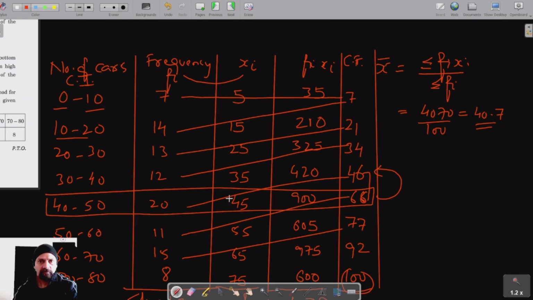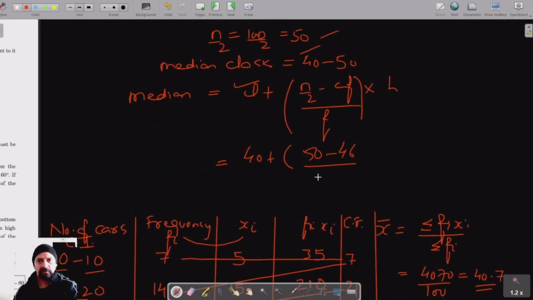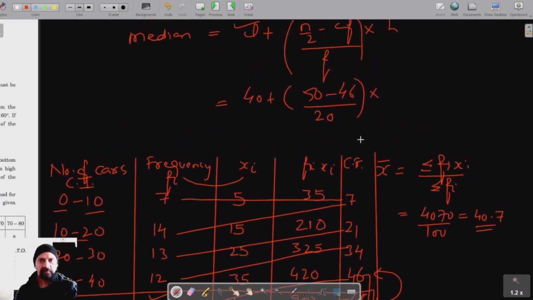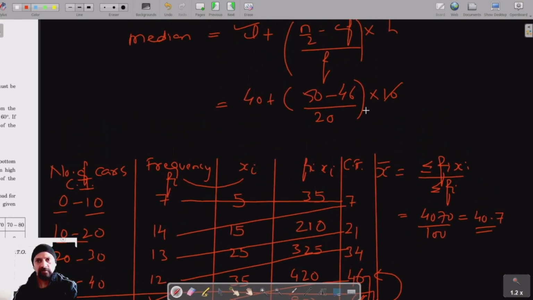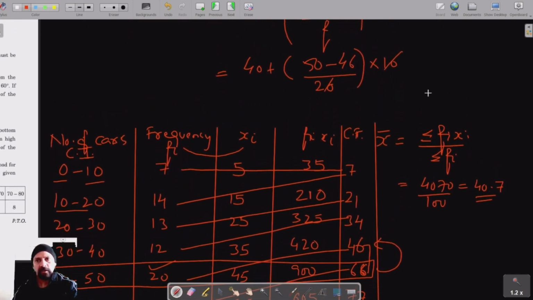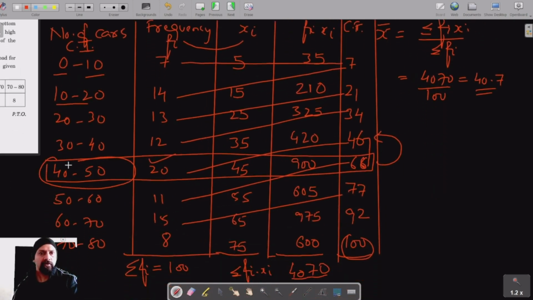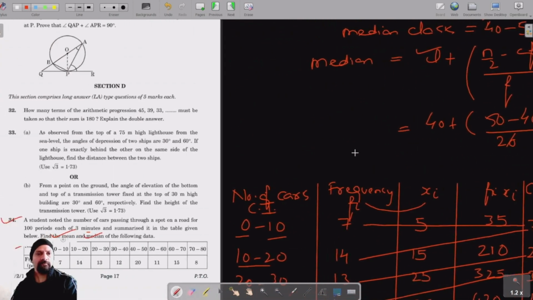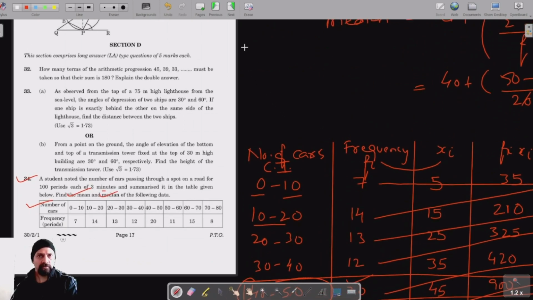Frequency is the frequency of the median class, which is 20, into h. h is the class size, which is 10. So this gets cancelled, it's 2. And now this is 40 plus 50 minus 46, which is 4 by 2, 2, and the median is 42, which is between 40 and 50 in the median class. So our median is 42. And this solves our question number 34.